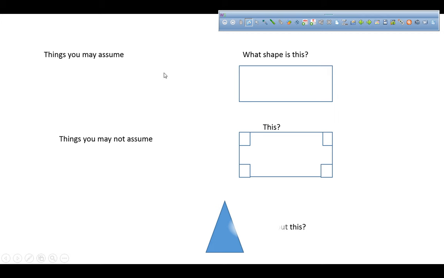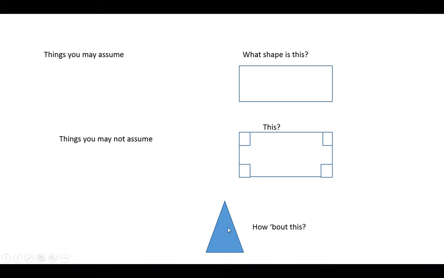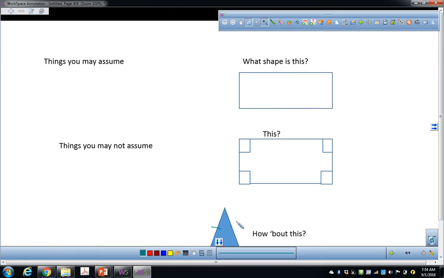But unless they put marks on it, like here and here, you can't assume that those sides are the same. Likewise with this, if I put this mark here and this mark here and this mark here, then I could say it's something else, right? Is it a rectangle? We're going to play with that a little bit. We'll talk about that in a little bit.